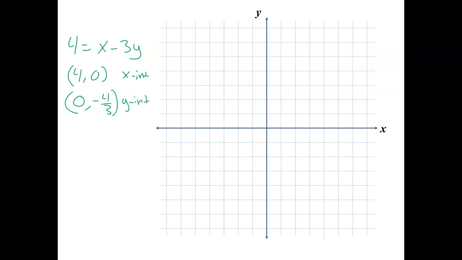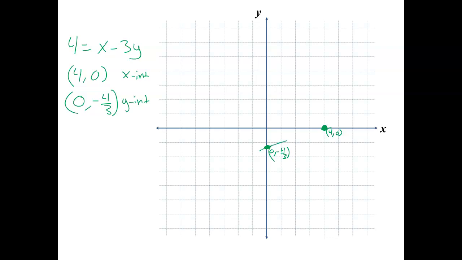So 4, 0, where is that going to be on my graph? 4 to the right, on my x-axis. And my y-intercept of 0, negative 4 thirds is going to be about 1 1/3 down. So I have those 2 points, 4, 0 and 0, negative 4 thirds. Label those so they're specific.